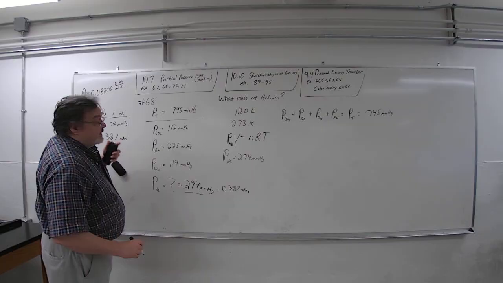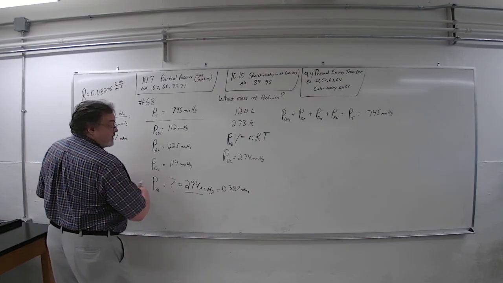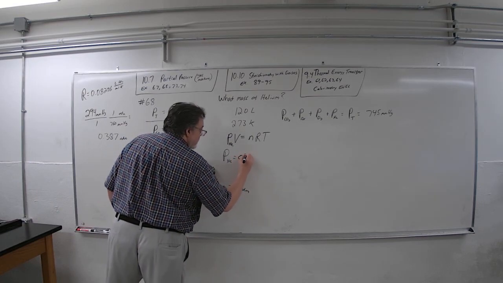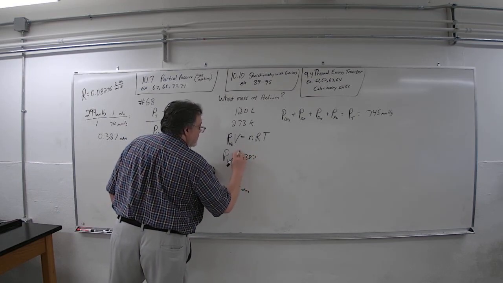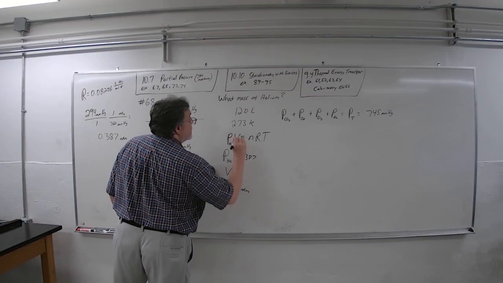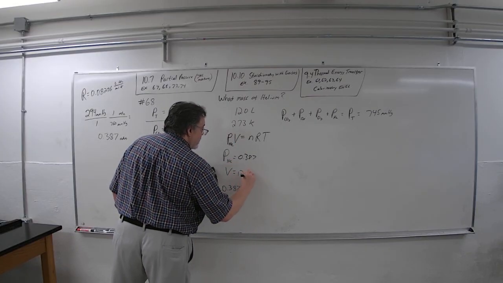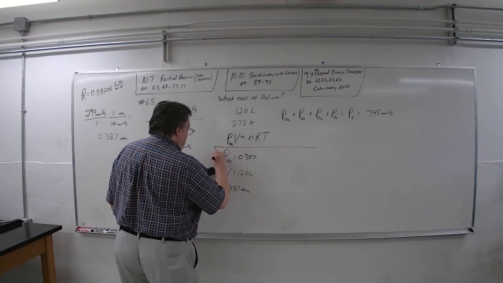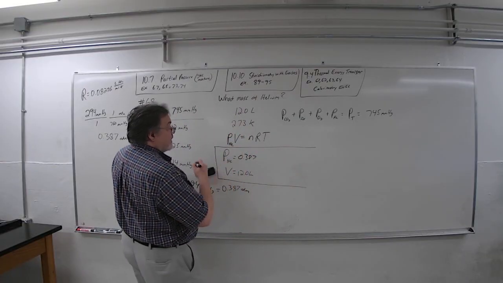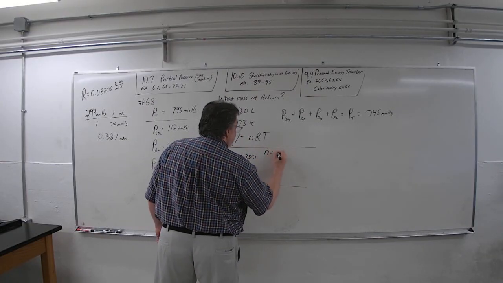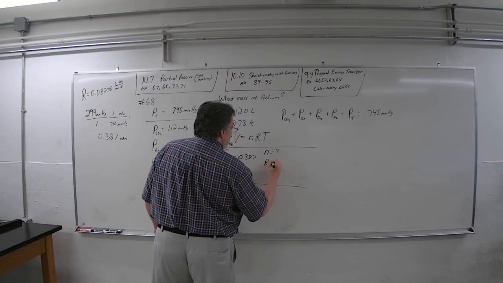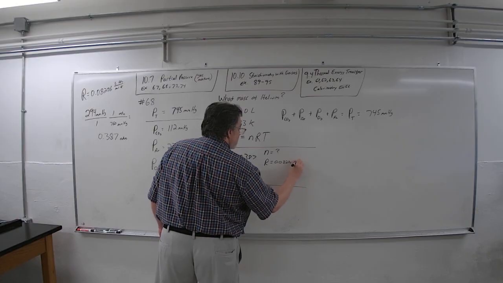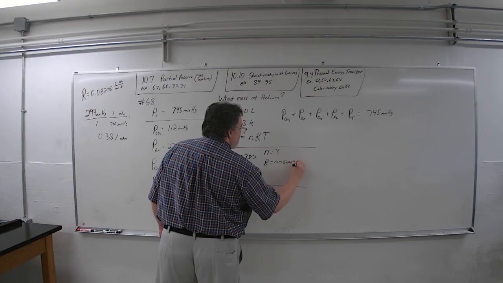So now we can do PV equals nRT. Partial pressure helium in atmospheres, 0.387. The volume is 12.0. N is what we're looking for. R equals 0.08206 liters atmosphere per mole Kelvin.